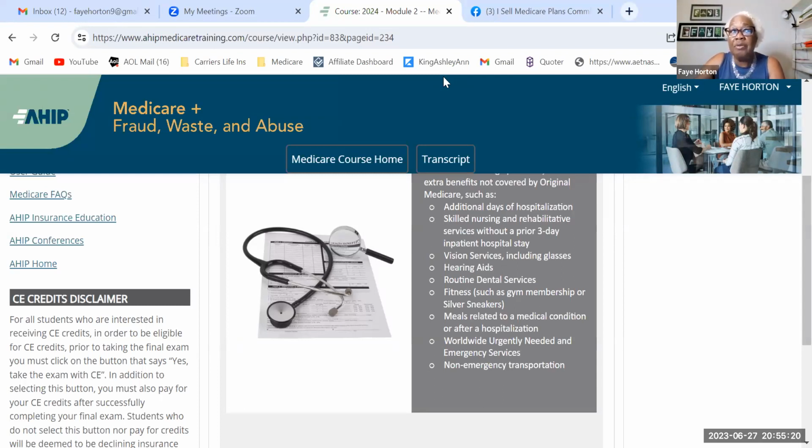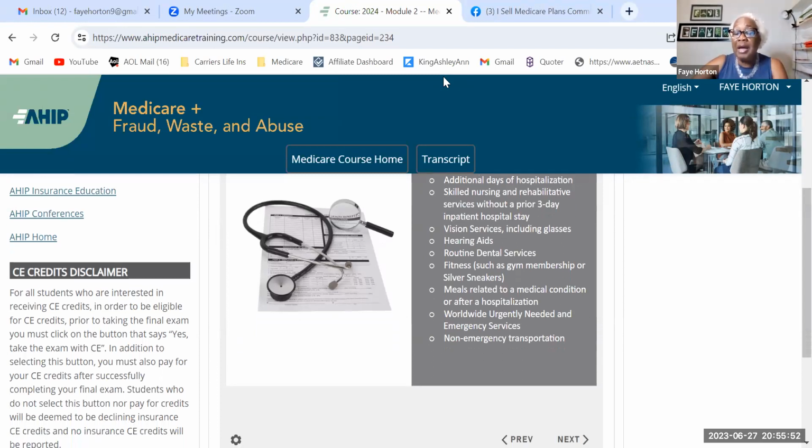Original Medicare covers services within the borders of the United States. And there are 2 areas, I think, where they will cover in an emergency under original Medicare, if this still holds true. And that's if you're right across the border in Canada or right across the border in Mexico, and it's a true life-threatening emergency.